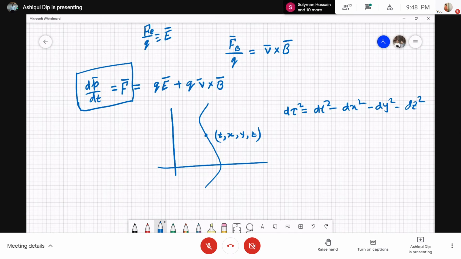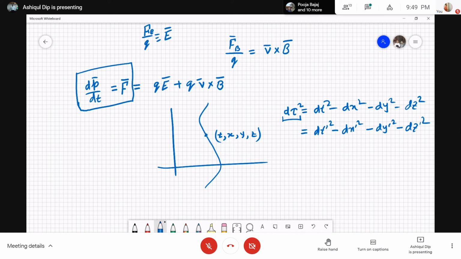This is the distance everyone sees the same for a single particle. If a particle is moving and someone is remaining static at this point and someone else is moving, both will see this d tau squared to be the same under Lorentz transformation. We call it the proper time.